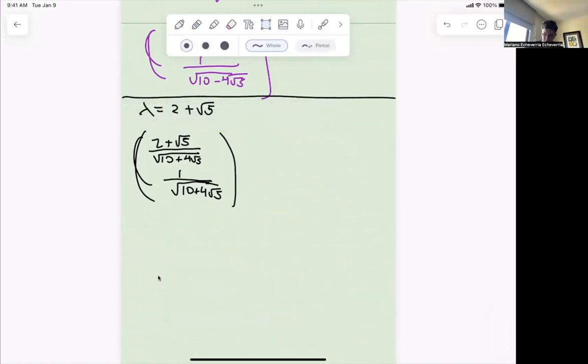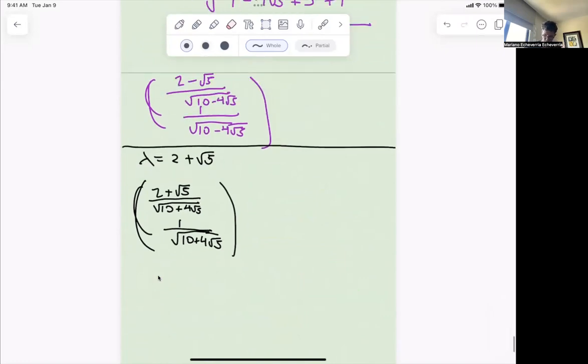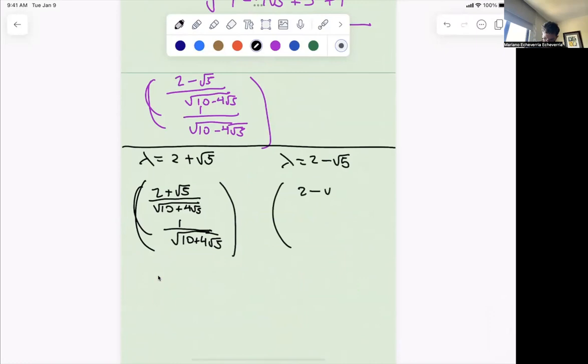And for lambda equals 2 minus root of 5, the eigenvector is this one that I just found, right?